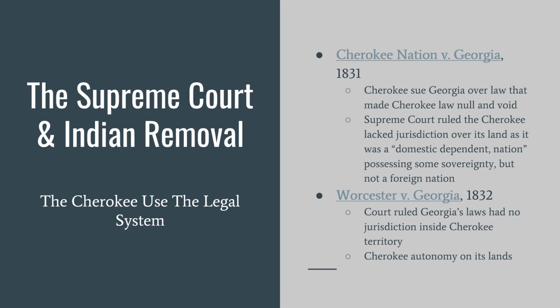And then in the second one, Worcester v. Georgia, this had to do with a white man who lived with the Cherokee and abided by their laws. Once Cherokee Nation v.